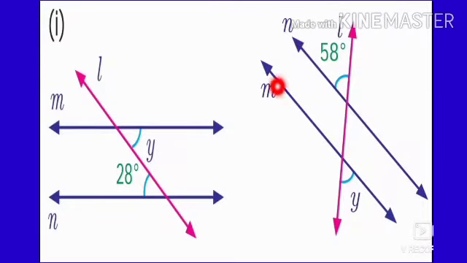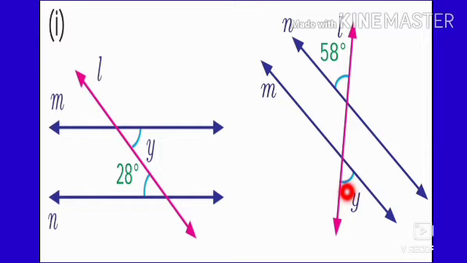Here, students, in this figure, M and N are parallel lines and L is a transversal. And here, what about these two angles? Y and 58 degree. So here these two angles lie outside the parallel lines, that is, in the exterior region. So they are called exterior angles and also they are on opposite sides of the transversal.